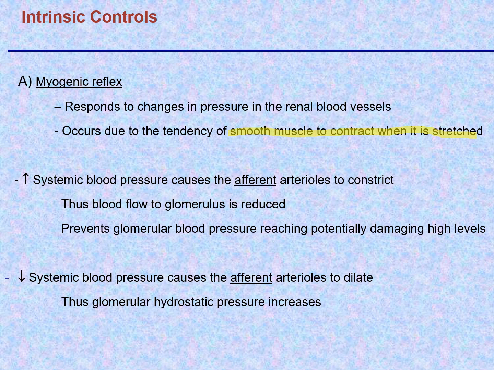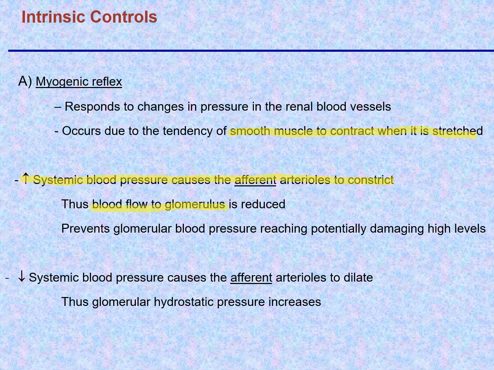So if the overall systemic blood pressure rises, it will cause afferent arterioles that feed blood into each of the glomeruli to constrict, and you'll get vasoconstriction, thus reducing blood flow to the glomeruli. This prevents glomerular blood pressure from reaching potentially damaging high levels.